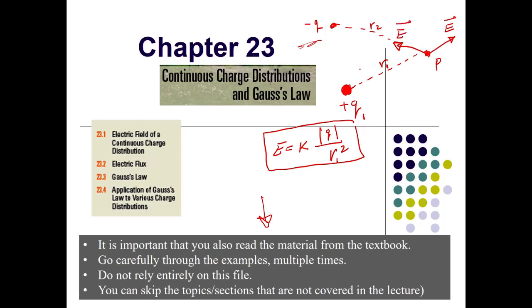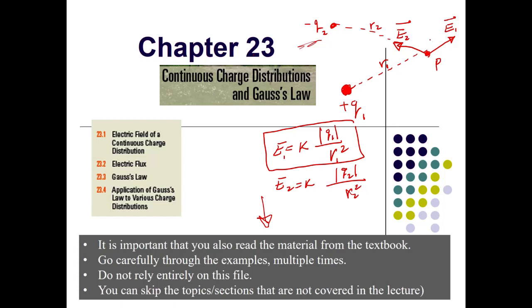If this charge is Q1 and this charge is Q2, this will be E1, this will be E2, and E2 would be equal to K Q2 over R2 squared. So now you have two vectors.